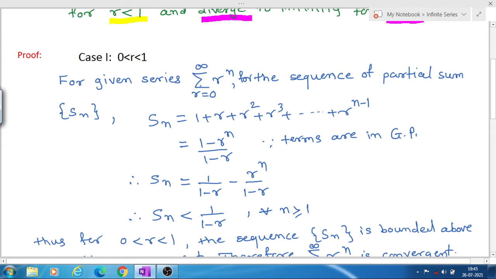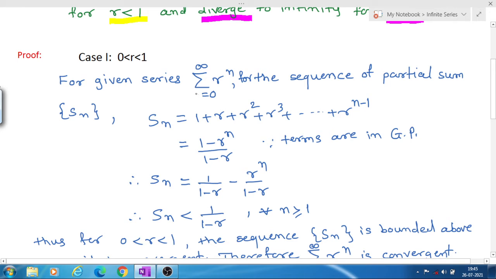for this series r raised to n, n equal to 0 to infinity, the sequence of partial sums Sn is equal to 1 plus r plus r square plus r cube plus dash dash plus r raised to n minus 1. You know that Sn is the sum of the first n terms.